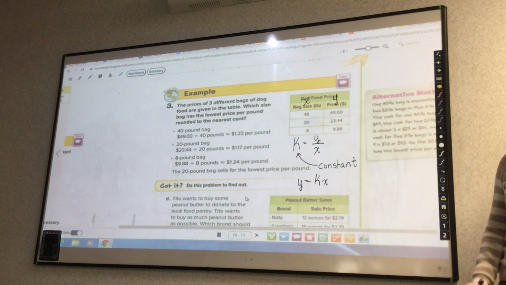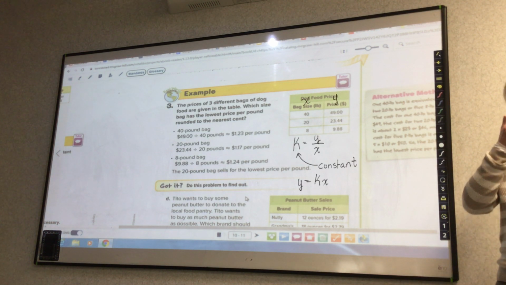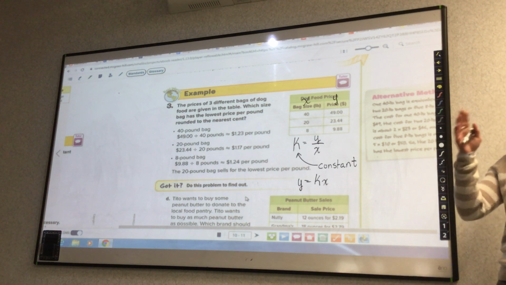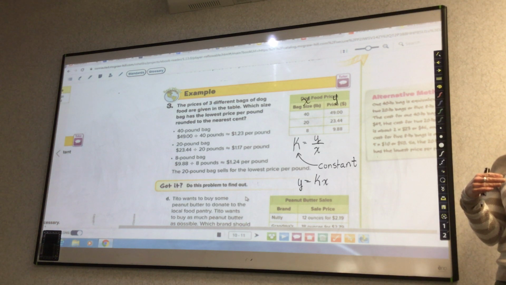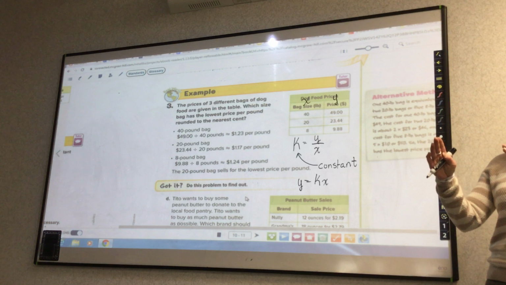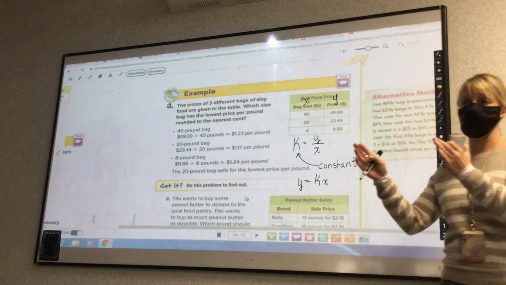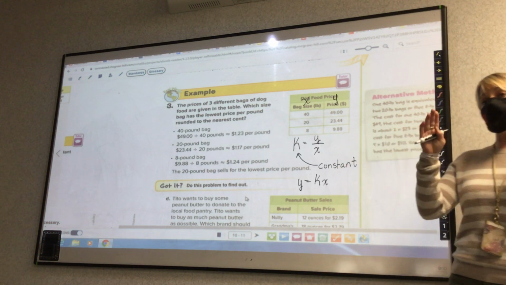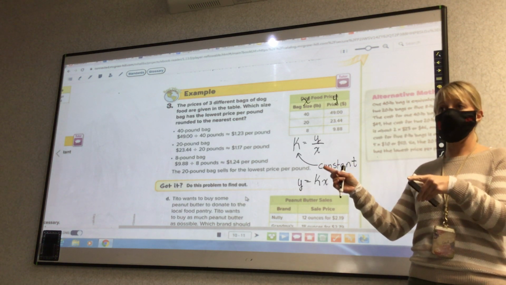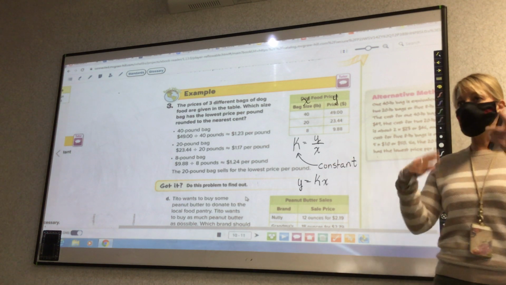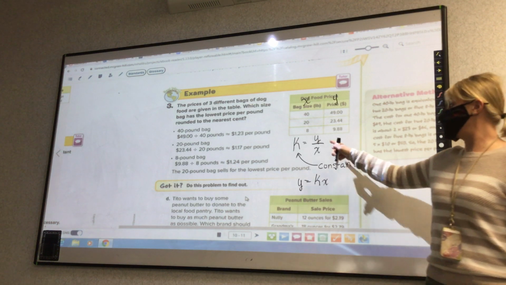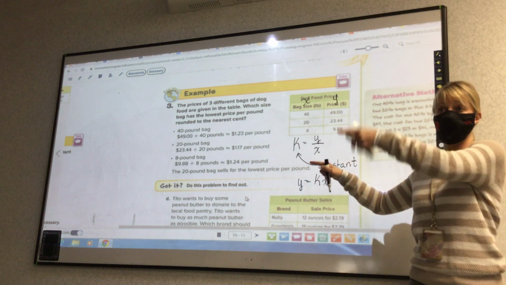I'm still kind of confused what the K and all that is. K is once we find the unit rate, okay? If they all have the same unit rate, they have a constant, right? It all comes down to one number. If they're all constant, reducing down to the same number, they're considered proportional. So it's a lot of confusing things, which really is not as hard to do. All you have to do is y divided by x, like what we have been doing.